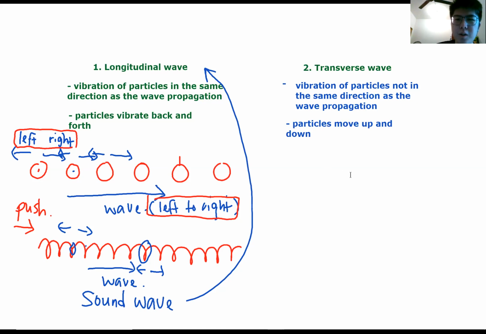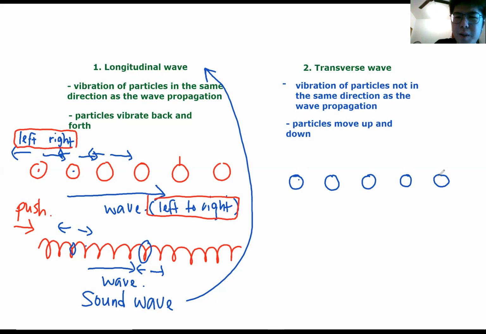Okay, now transverse wave, the vibration of particles does not move in the same direction as the wave propagation. So example, let's say you have like 1, 2, 3, 4, 5 particles.